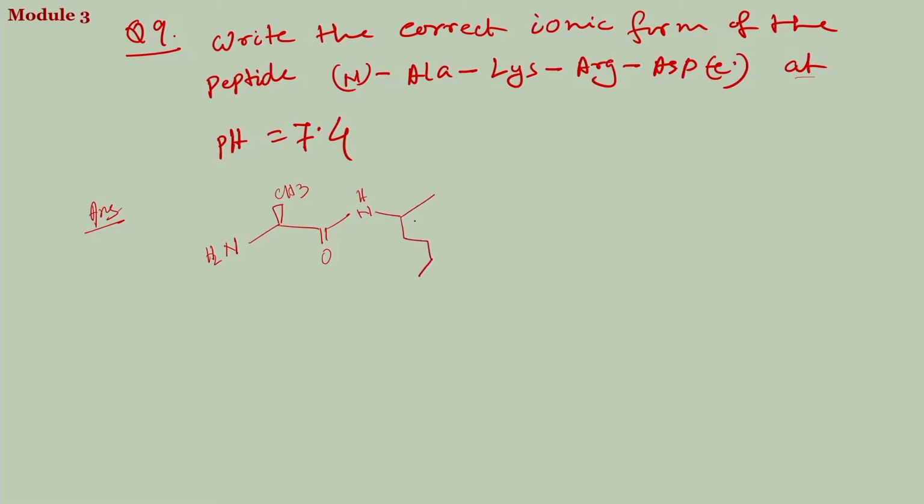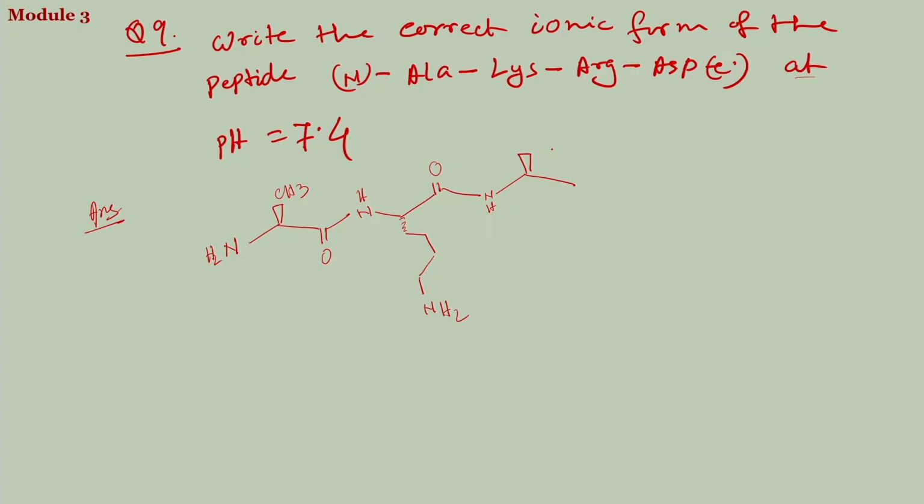Lysine is 4 CH2, 1, 2, 3, 4, and then an amine. After that this would be CO, NH. Sorry, this should be down the plane, and this should be off the plane.